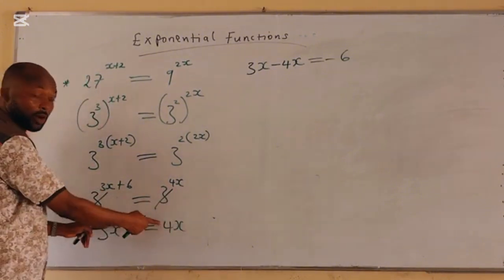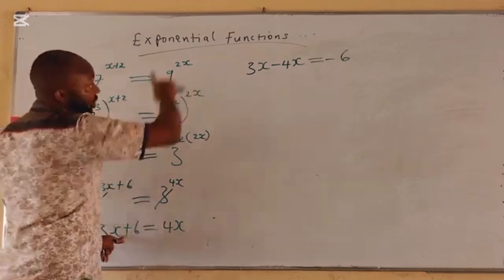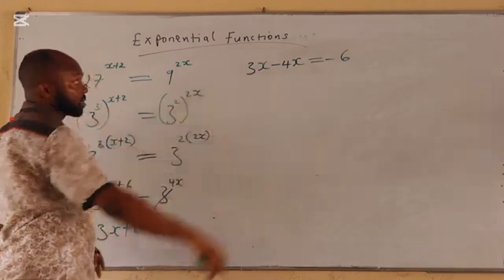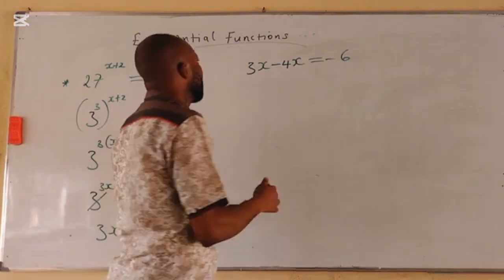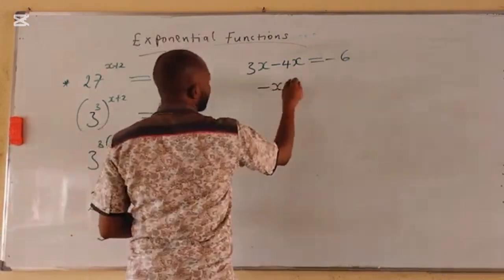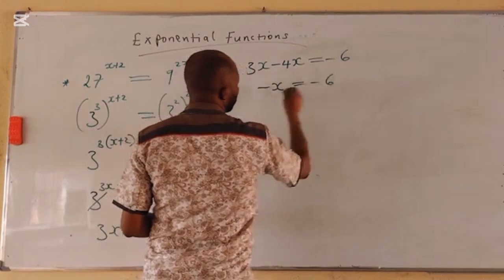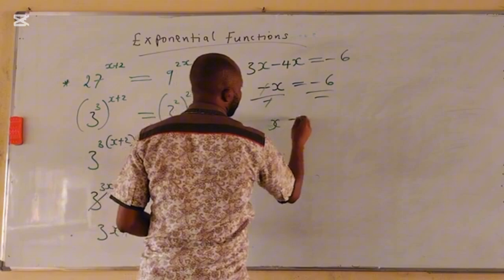It was positive, becomes negative. I have minus 4x. And this is plus 6, crosses over to the other side, becomes minus 6. So we collect like terms, bring the variables that are alike to one side. Now 3x minus 4x is minus x. This is equal to minus 6. We divide both sides by the minus sign to get rid of this, and I have x is equal to 6.